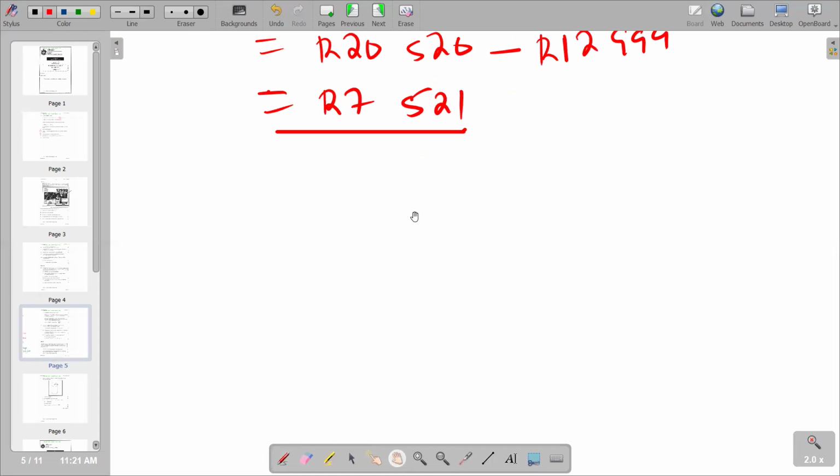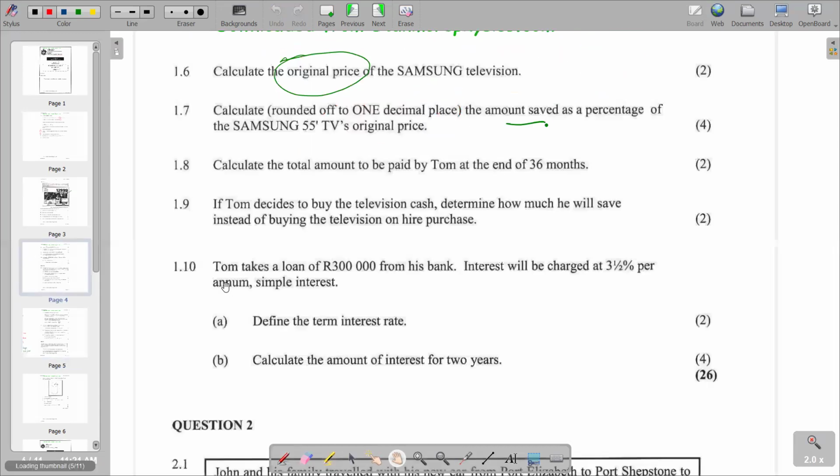So we move on to the next question, which is 1.10. If Tom takes a loan of 300,000 rands from his bank, interest will be charged at 3.5% per annum, simple interest. Define the term interest rate. Interest rate is a percentage used to calculate the amount of interest that is either earned or charged.